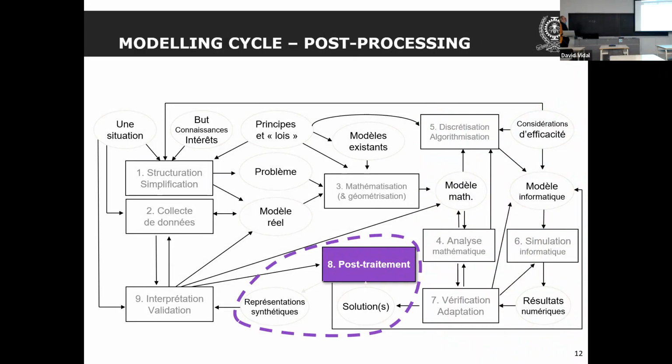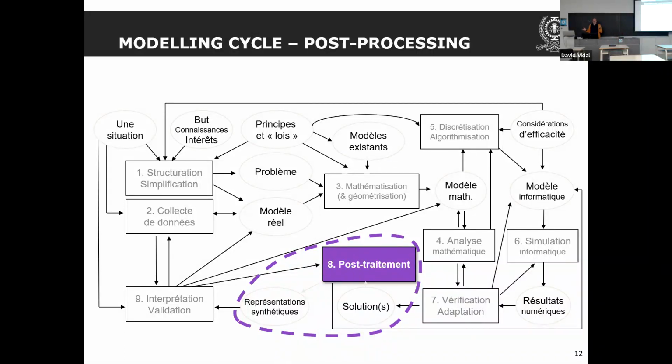The last step is, once you have your algorithm, you put it on the computer and you do simulations. Then eventually you get certain fields like velocity field, pressure field, concentration field, or temperature. Often they are not sufficient to answer the question that you are looking for.